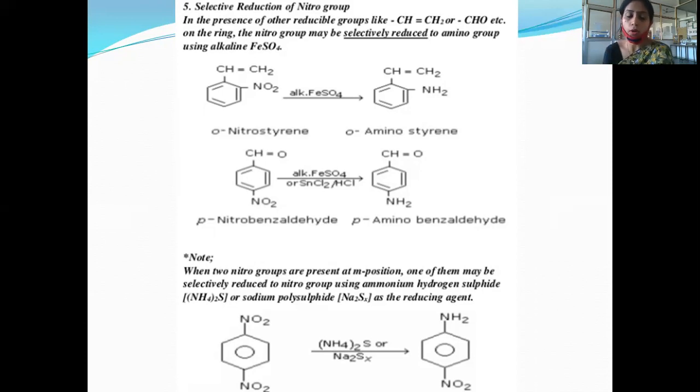Now, there is something important to note over here: when two nitro groups are present, one of them may be selectively reduced to the amino group using (NH4)2S, ammonium sulfide, or sodium polysulfide as the reducing agent.